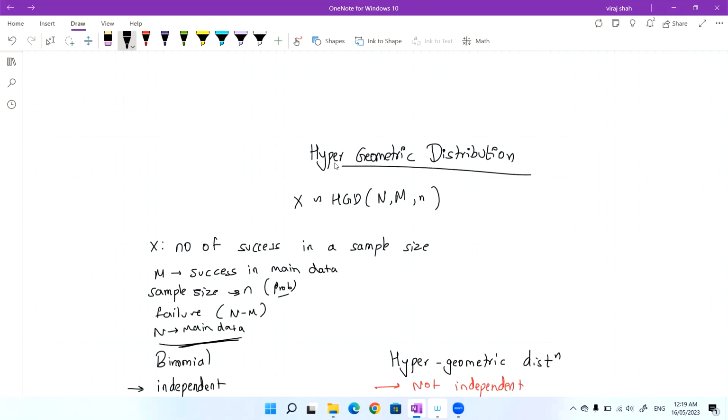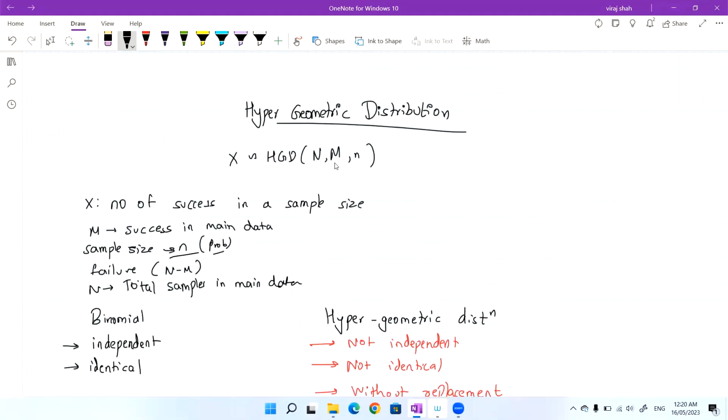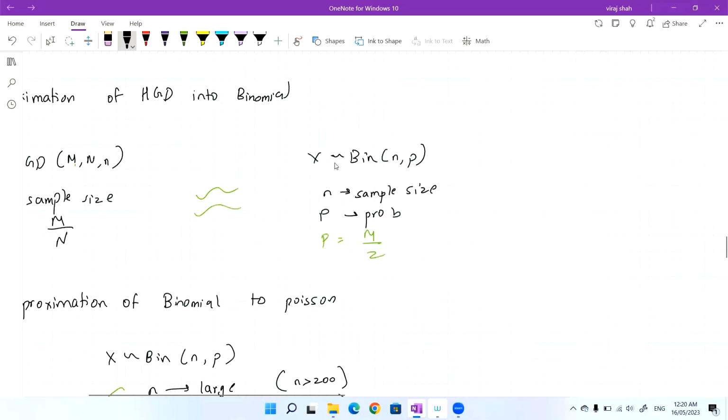N is the total number of samples in the main data. Small n is your sample size on which you're making your analysis, and failure is N minus M.